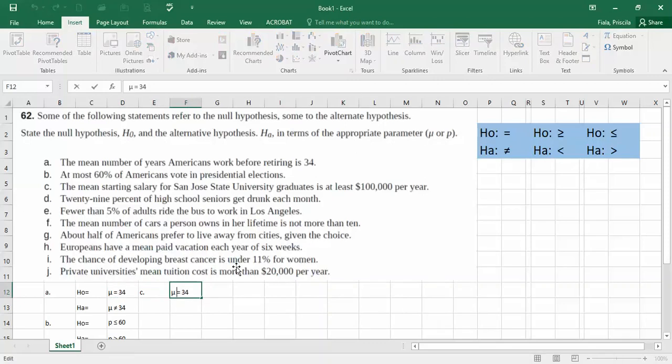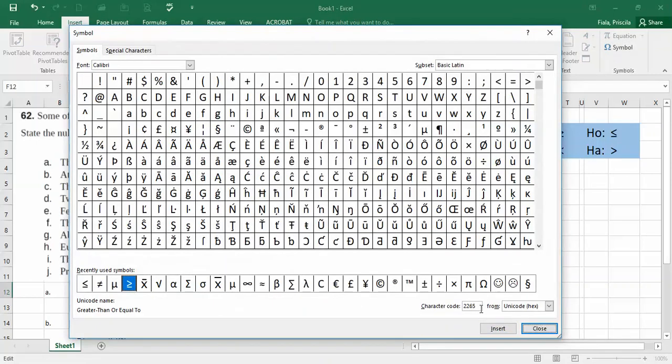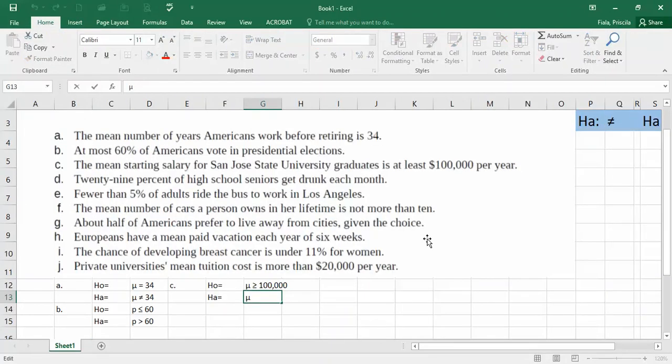So we're going to be putting that the mean mu is at least 100K, correct? Therefore, my alternative hypothesis, which I forgot to put here, is going to be mu.